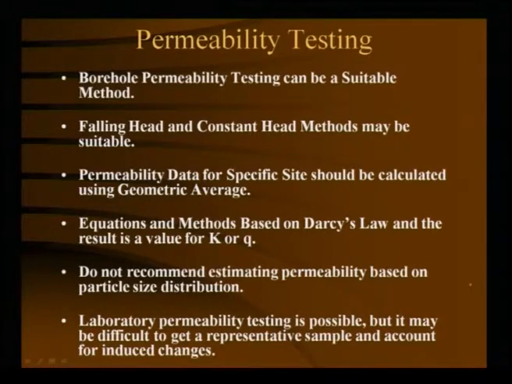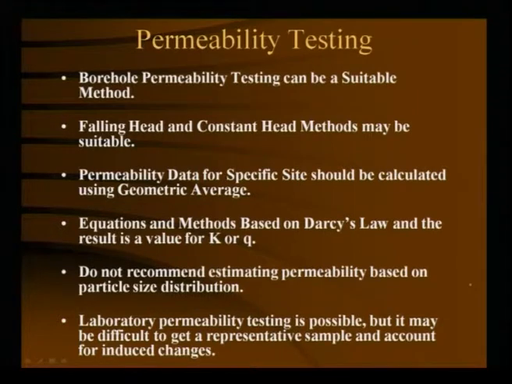Equations and methods are based on Darcy's law, and the result is a value for K or Q. It is always not recommended to estimate permeability based on particle size distribution. Laboratory permeability testing is also possible, but it may be difficult to get a representative sample and account for induced changes.